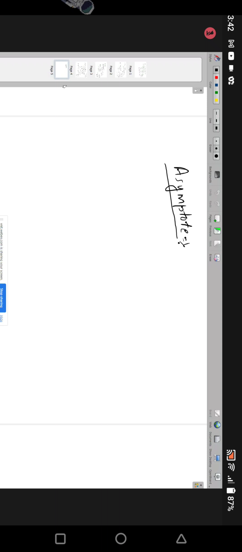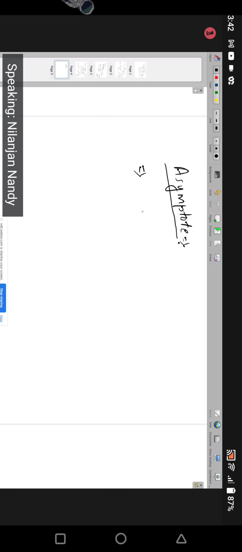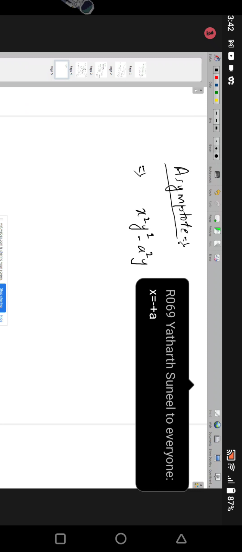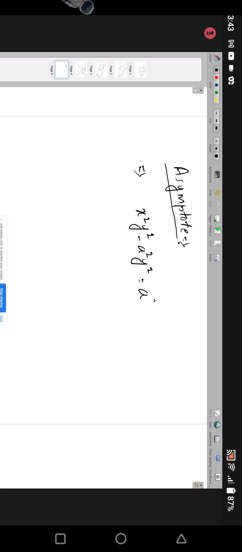So what are the asymptotes parallel to y-axis? How can you get those? I'm simplifying the curve in this way. From here, what are the asymptotes parallel to the y-axis?